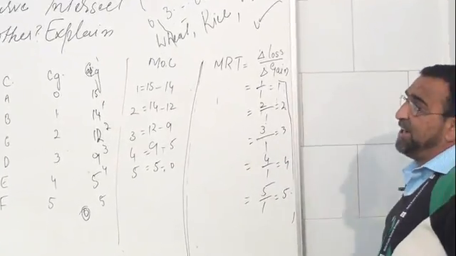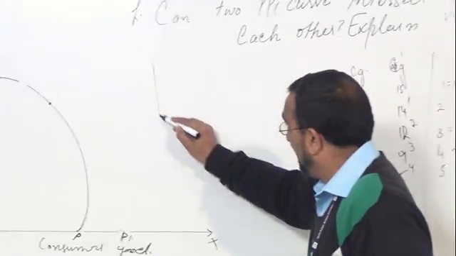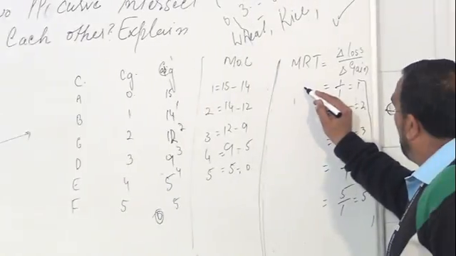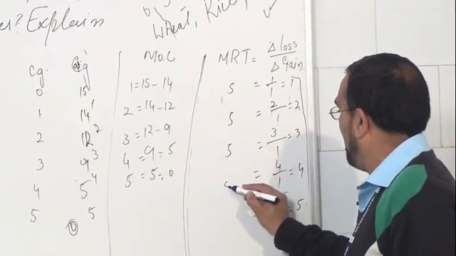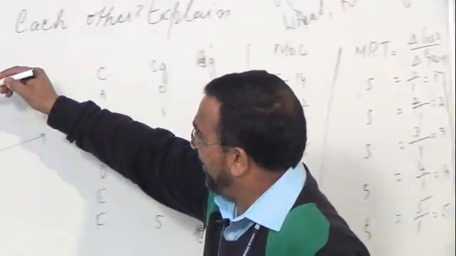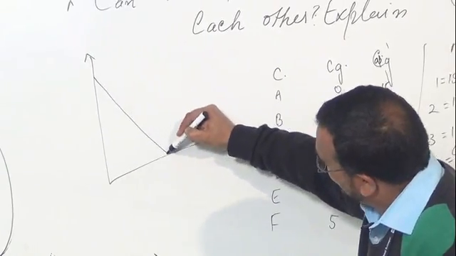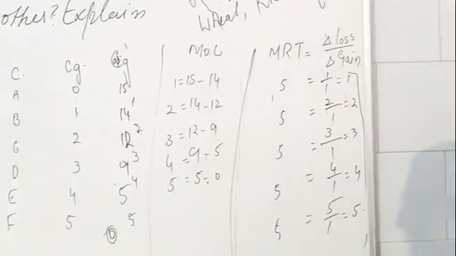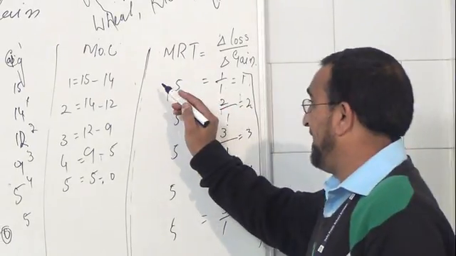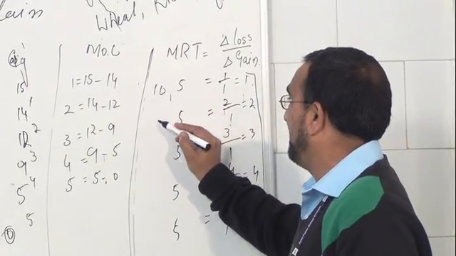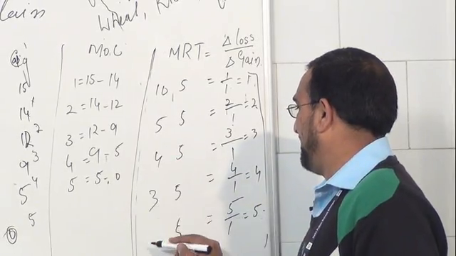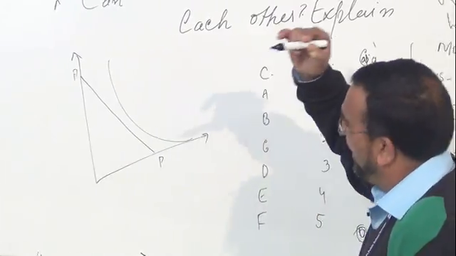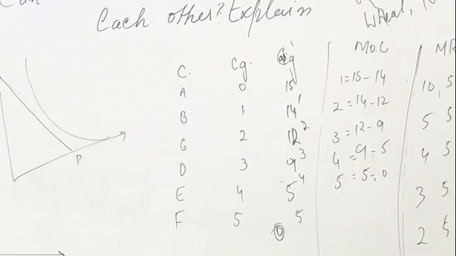If this marginal rate of transformation were constant, say for example 5, 5, 5, 5, 5, then your production possibility curve will be a straight line. It may be like this. If the marginal rate of transformation were decreasing, say for example 10, 5, 4, 3, 2, 1, then your production possibility curve will be convex to the origin.